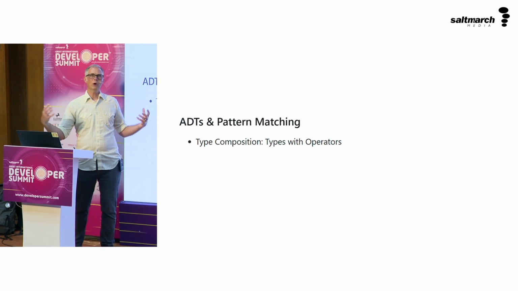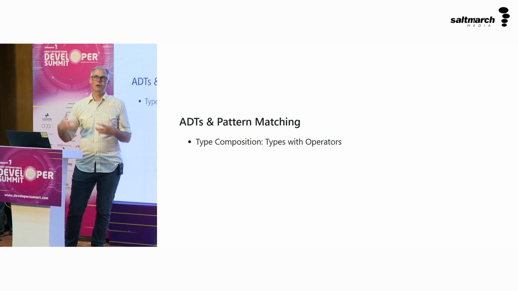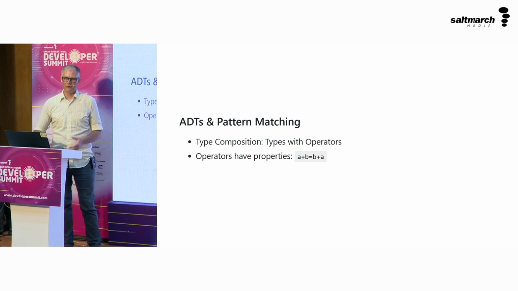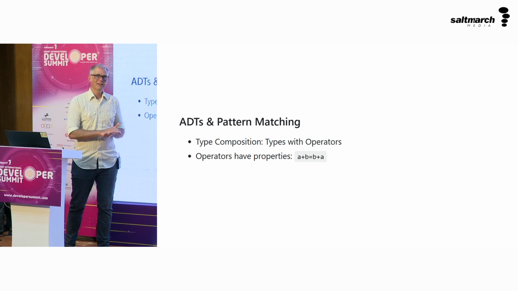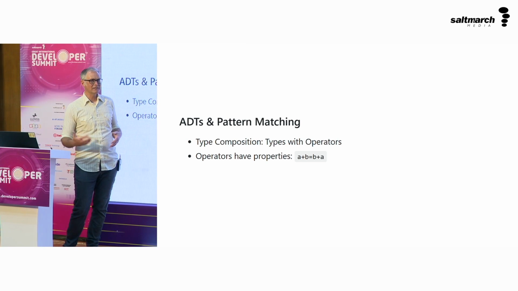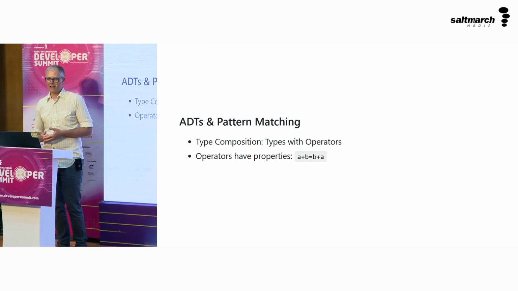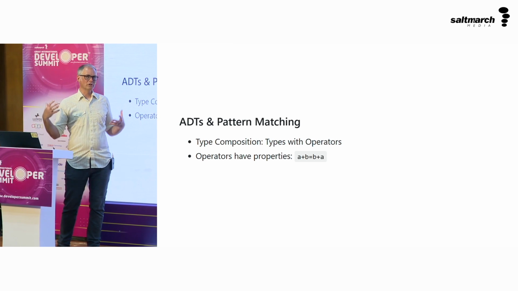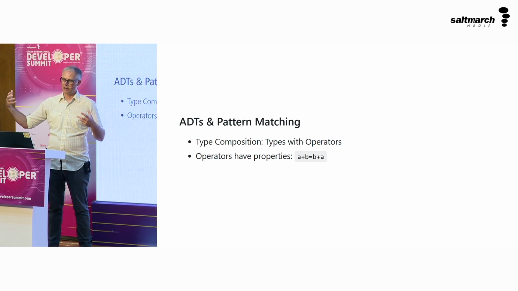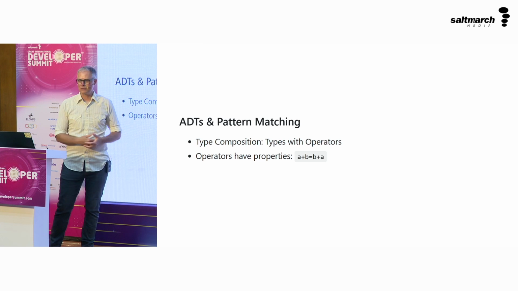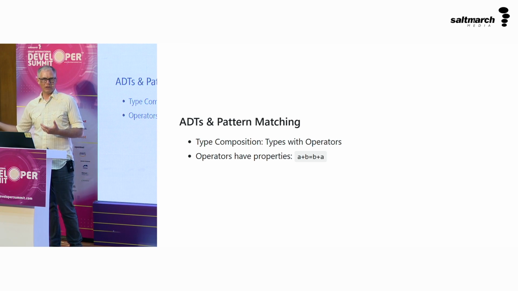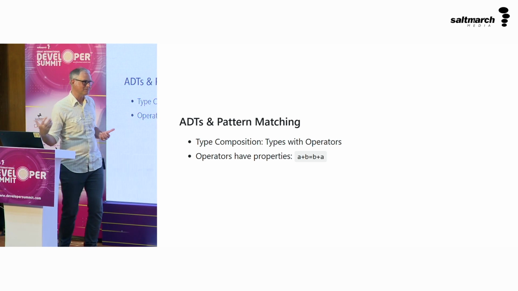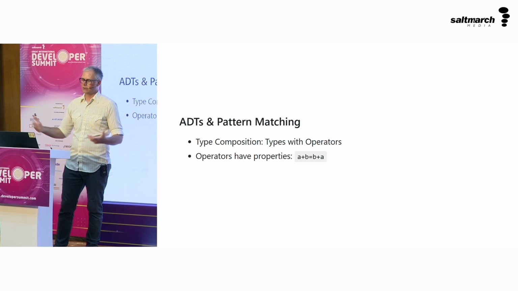We compose types together through an operator. You may be familiar in the world of math that there are operators like a plus or a minus that allow us to have some rules around how things work. We can do the same thing with types. We can apply certain operators to types to create new types that then have some rules around how those types are going to work.